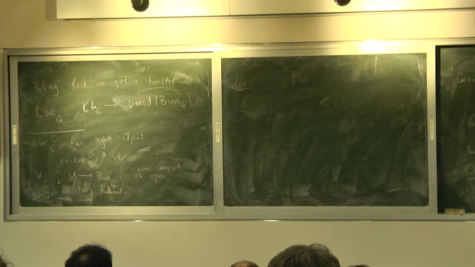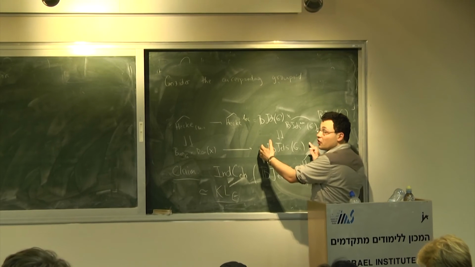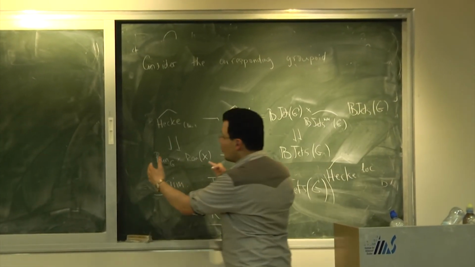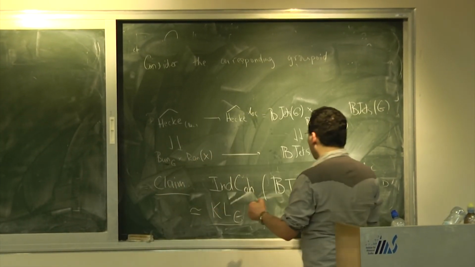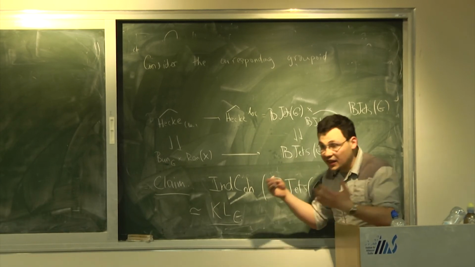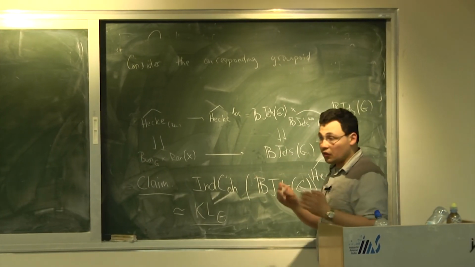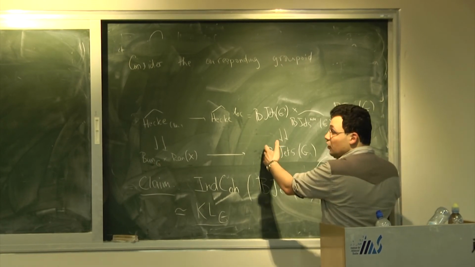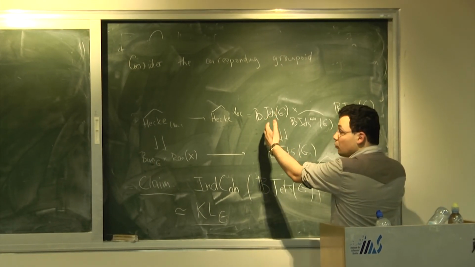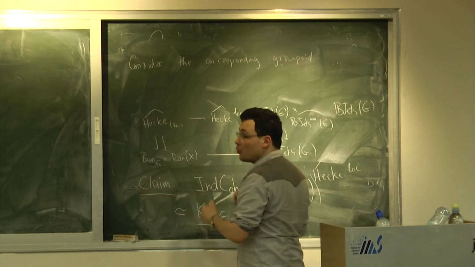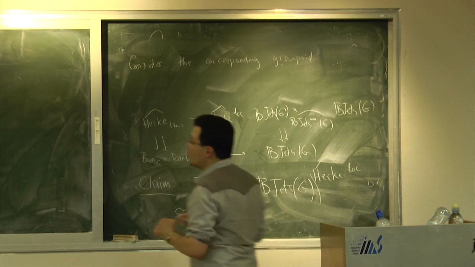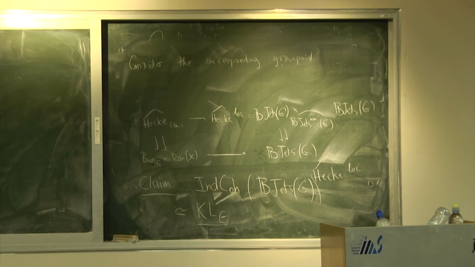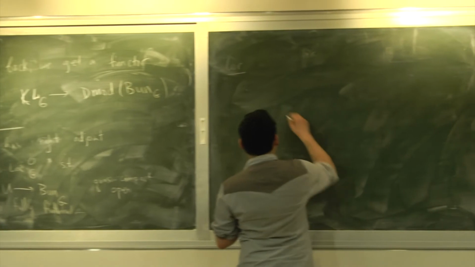In other words, if you start with a representation of G of O, and you build a quasi-coherent sheaf on Bun-G out of it, you can freely make a D-module out of that. You can induce. That's one thing you can do. Alternatively, you can start with your same representation, induce it to a representation of the Kac-Moody, and then localize it to a D-module. Those agree. So a consequence of that is the same exact statement for the D-module localization functor.